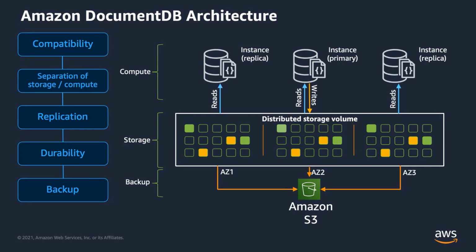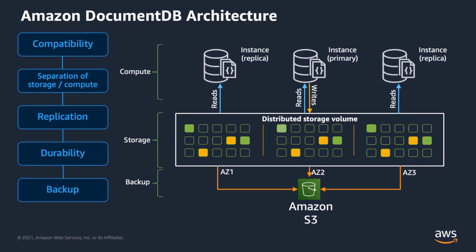DocumentDB's architecture allows us to offload tasks to the respective layers. Now, for example, replication task is offloaded to the storage layer so that your compute resources can be freed up to perform compute-heavy work, such as query processing.